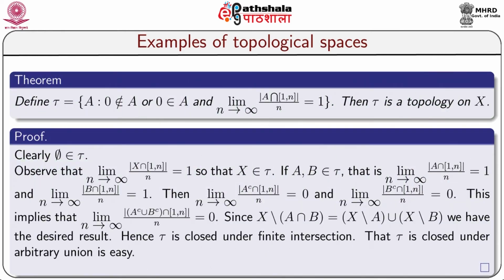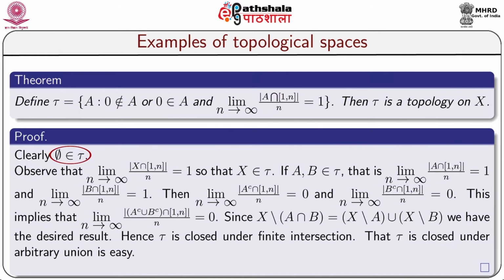Let us define tau to be all those subsets A of X such that either 0 does not belong to A, or 0 belongs to A and the limit as n tends to infinity of the cardinality of A intersection {1, ..., n}, divided by n, is equal to 1. It can be proved that then tau is a topology on X.